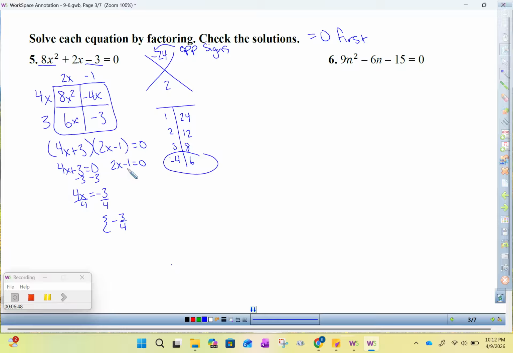So for this one, the first step I would need to do is add the 1. Okay? And then the second step would be divide by 2. So there's my positive 1/2. Okay? If it helps you to write out the math and see those equations, you are more than welcome to do that. Okay.